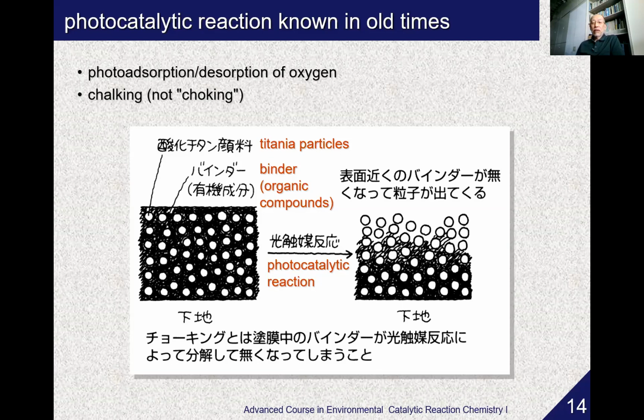This had already been known in the 19th century, but at that time there was no term of photocatalysis or photocatalytic reaction. So they did not understand this. But actually, they observed the phenomenon of change of something under photoirradiation.